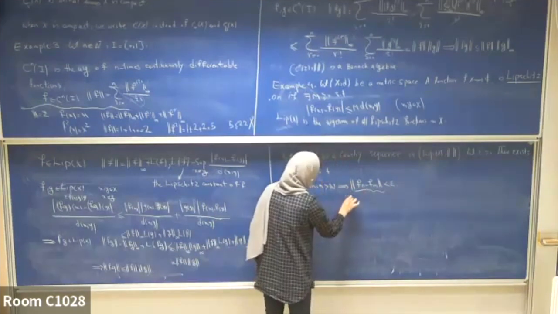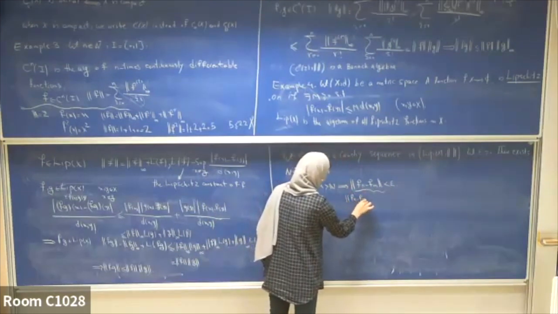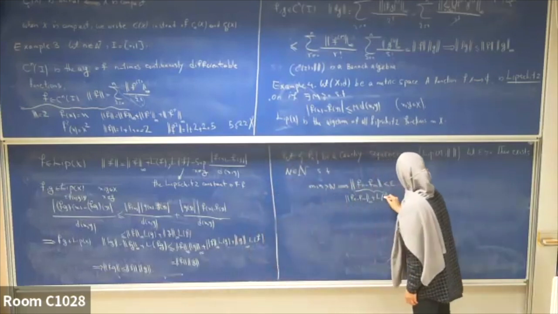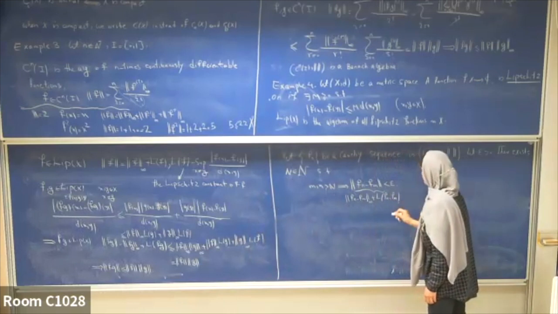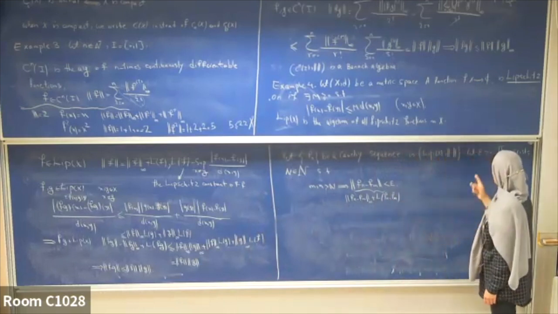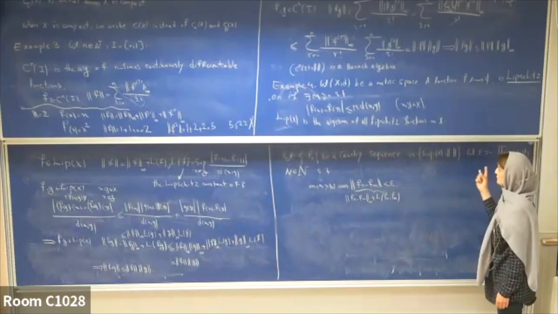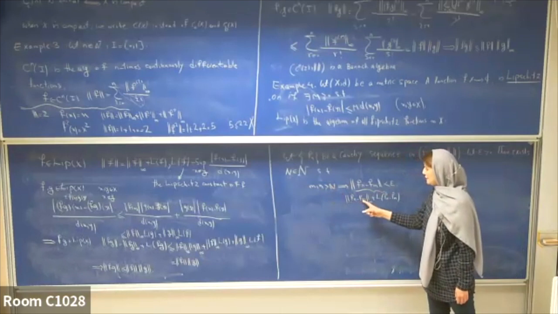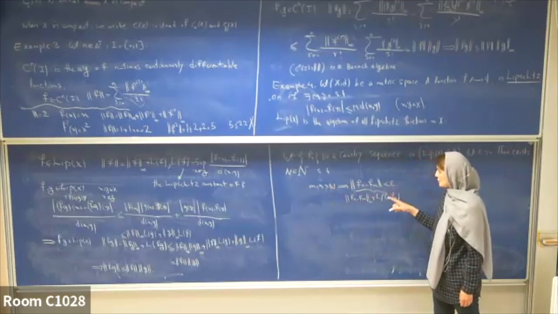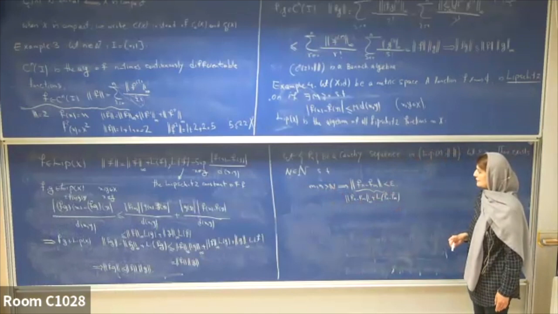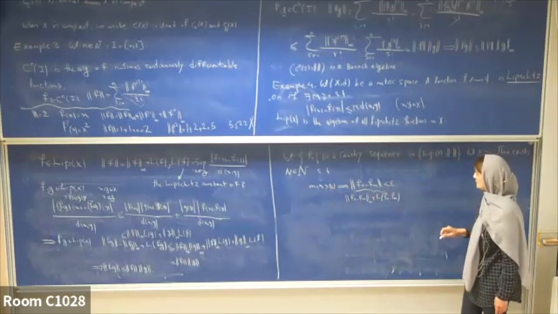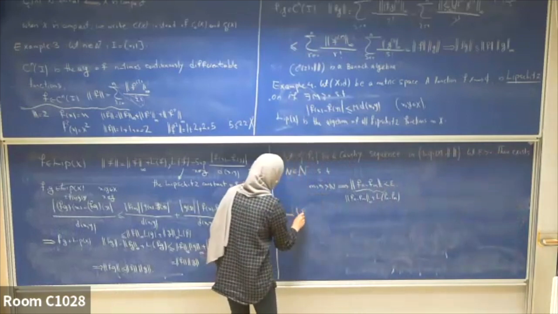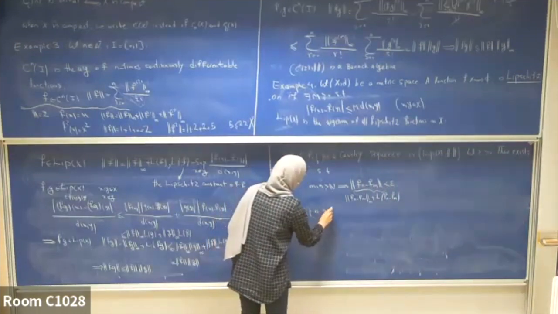It means that the supremum norm of f_n minus f_m plus the Lipschitz constant of f_n minus f_m is less than epsilon. So for each epsilon, there exists a natural number N such that for m and n greater than N, the supremum norm of f_n minus f_m is less than epsilon. In particular, we infer that f_n is a Cauchy sequence in C(X) with the supremum norm.